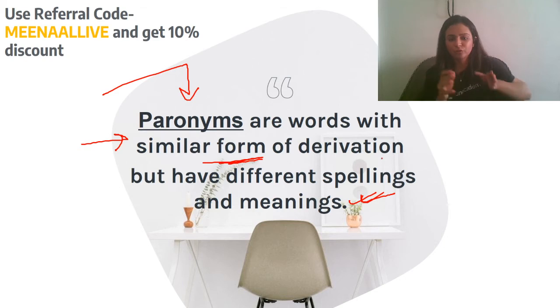So 2 or more words whose derivation is from the same place, whose root words are the same, but their meaning is different, so their usage and spelling will be different. And as far as pronunciation is concerned, pronunciation sometimes is the same and sometimes it may differ also. So I have not necessarily involved pronunciation as a major factor here. But the derivation of paronyms comes from the same root word.